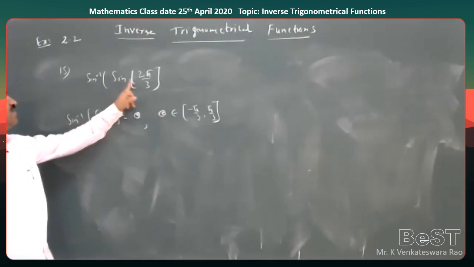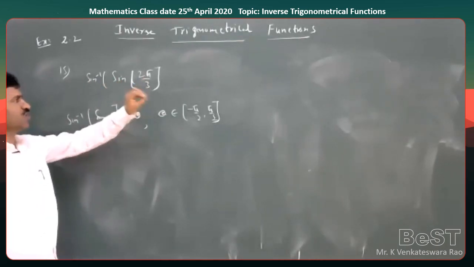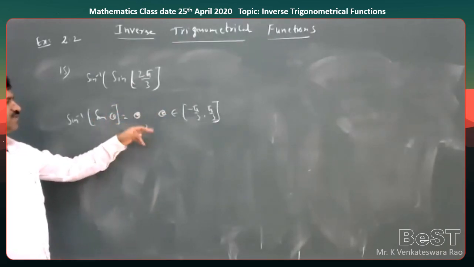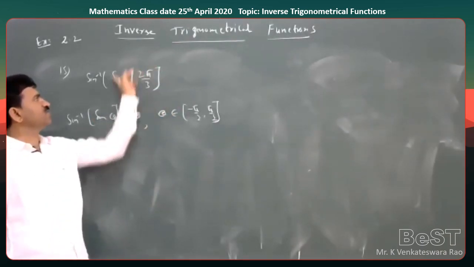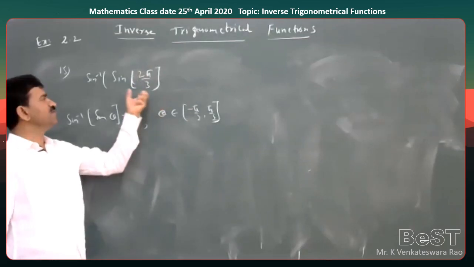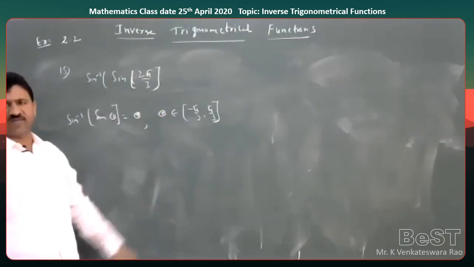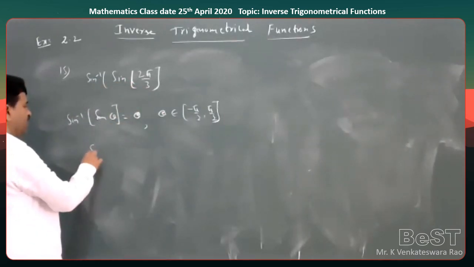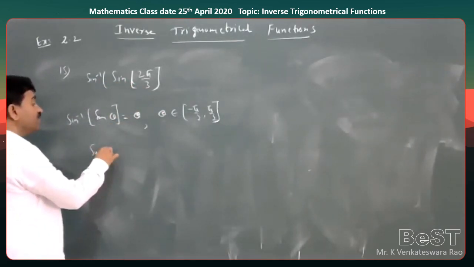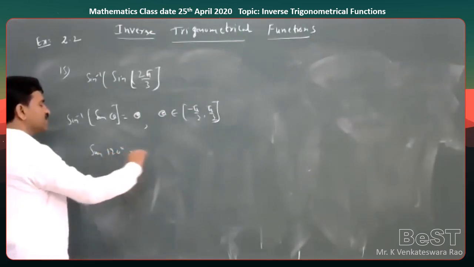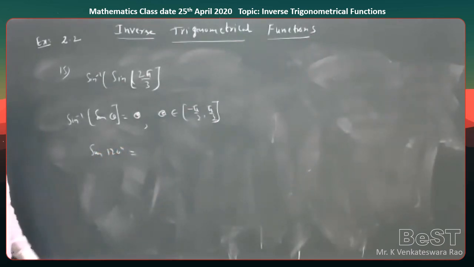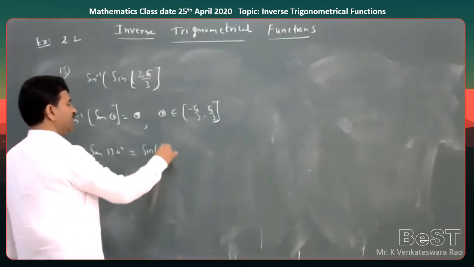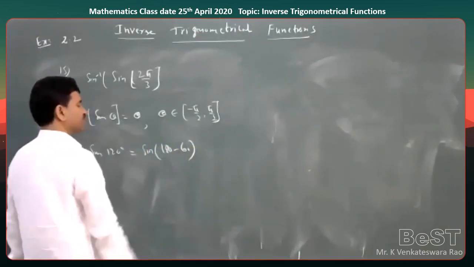Sine inverse of sine of 2 pi by 3 is not 2 pi by 3. But what is that value? Whenever you get a doubt, first find the sine of 2 pi by 3 value; then sine inverse you are familiar with. Sine of 2 pi by 3, sine of 120 degrees, can be written as sine of 180 minus 60.